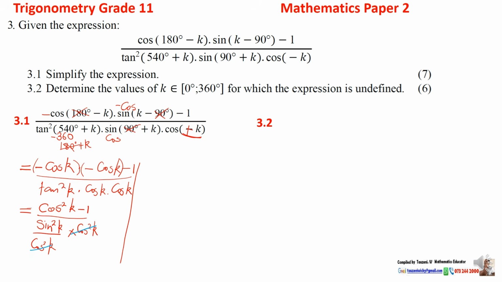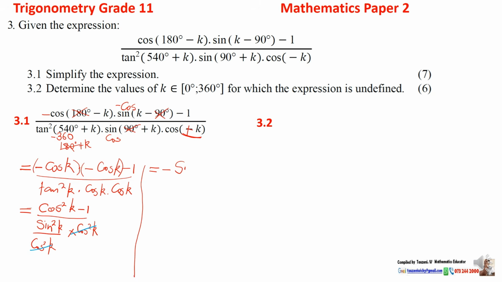Now remember, from our identities, sine squared x plus cos squared x is equal to 1. We can get 1 minus sine squared x, and we can get 1 minus cos squared x. I think I explained this in one question that we're doing. If we swap them, cos squared k minus 1, then it means it is a negative identity.